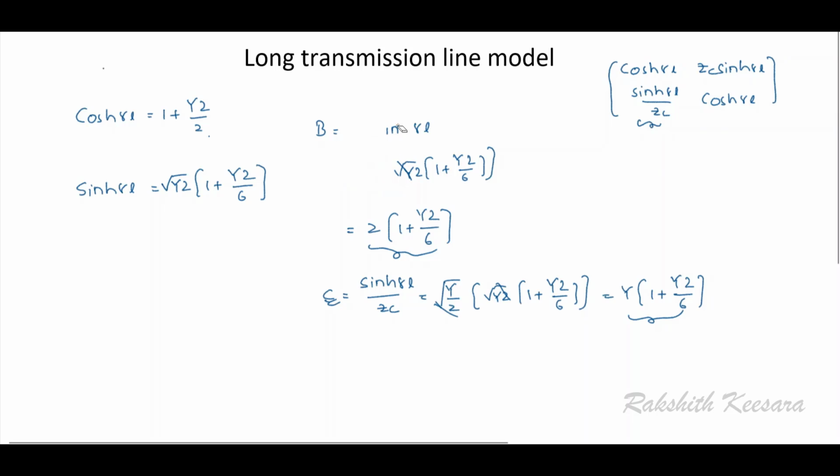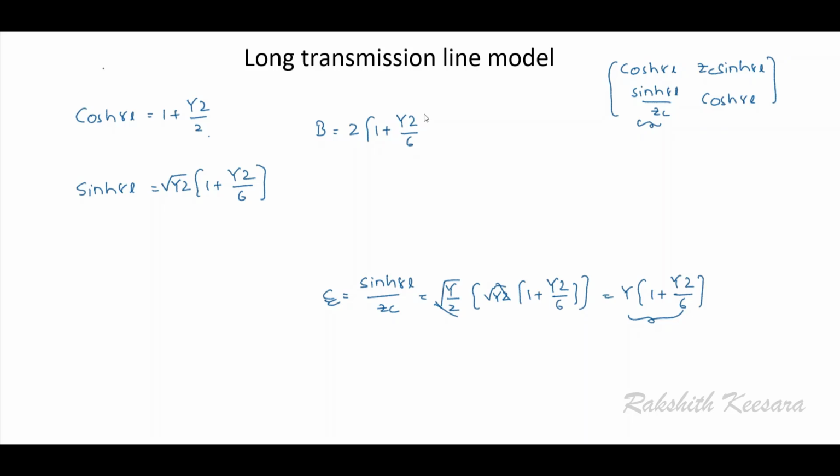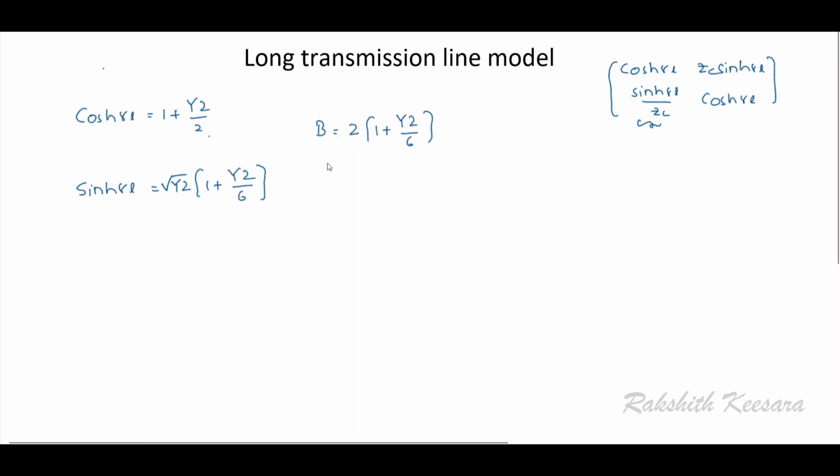Let me write it here. B is Z into 1 plus YZ by 6 and C is Y into 1 plus YZ by 6, right?